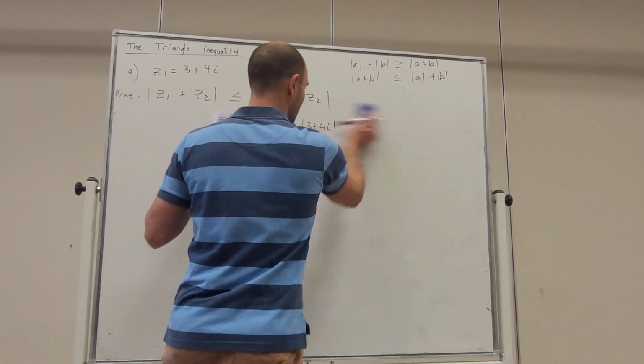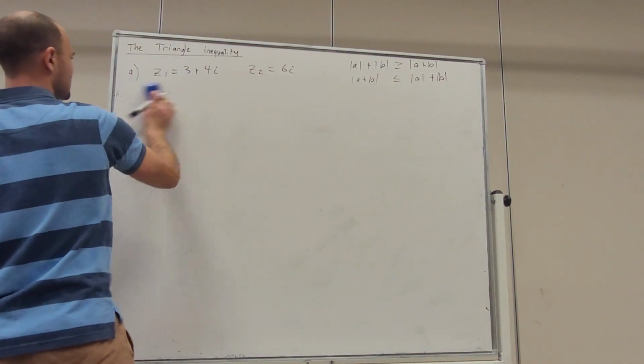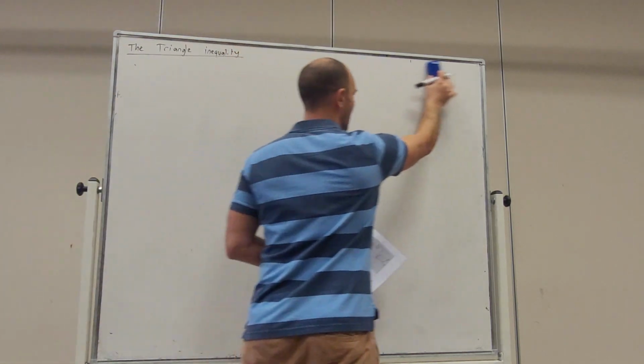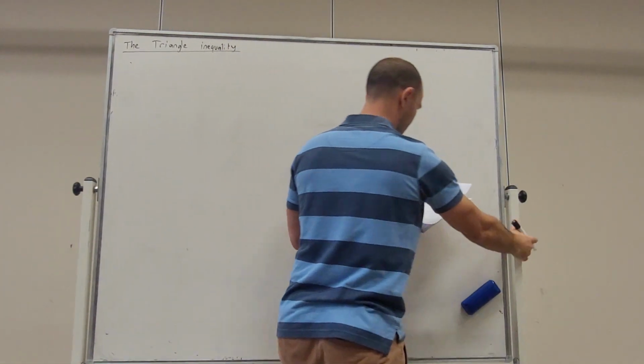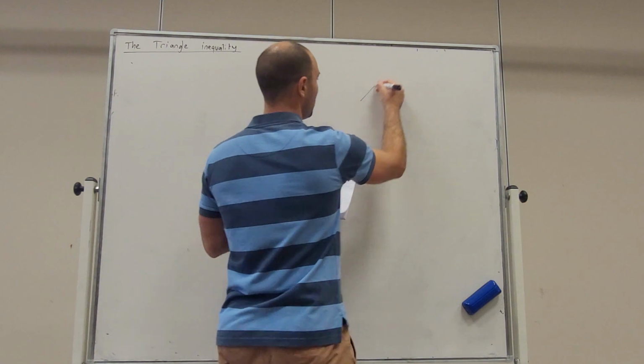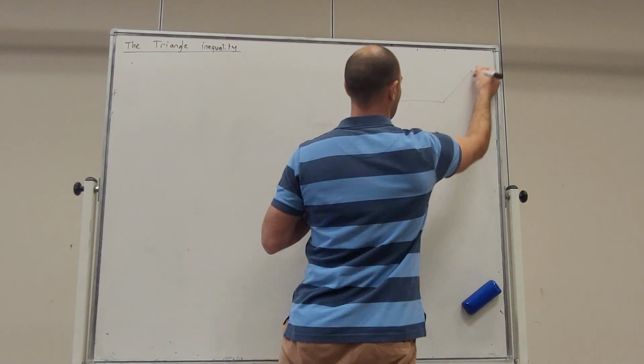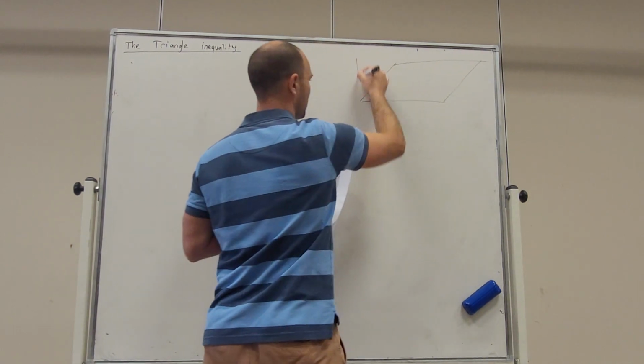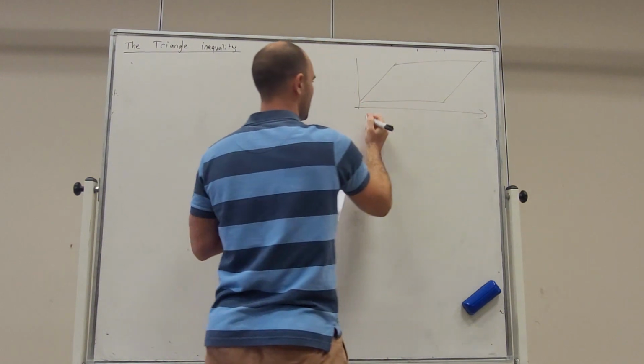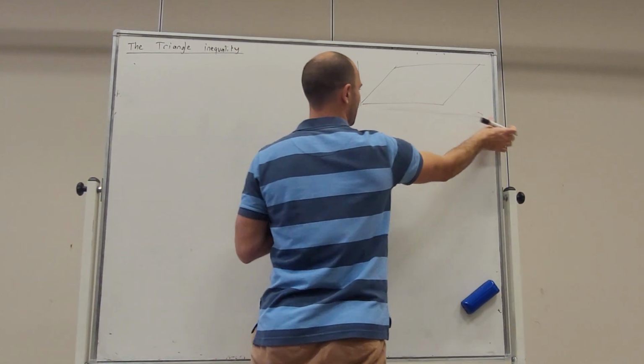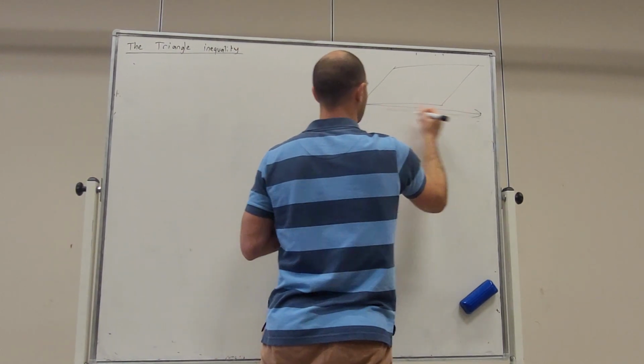Okay, let's move on to the second one, where this is where we're really pointing out how SACE likes to ask it in exams and so forth. So we have OPQR is a parallelogram on the Argand plane. All right, so fix that a little bit there.